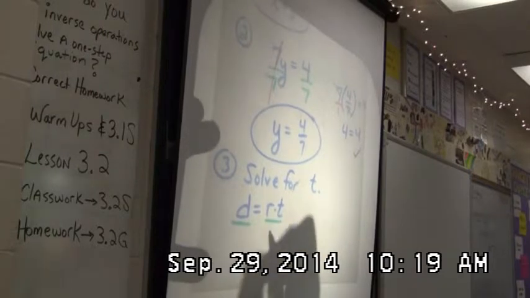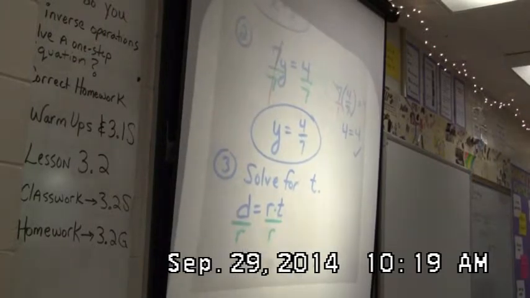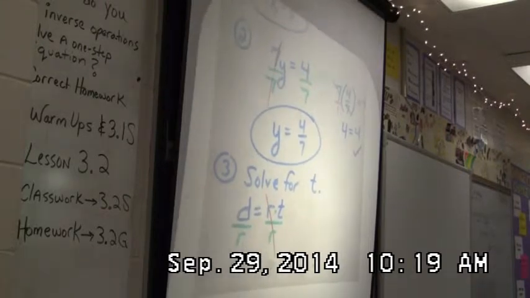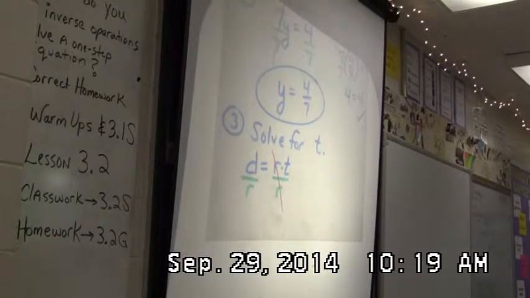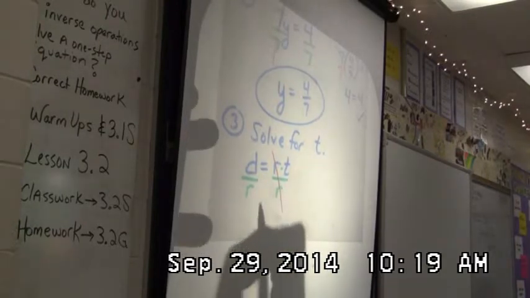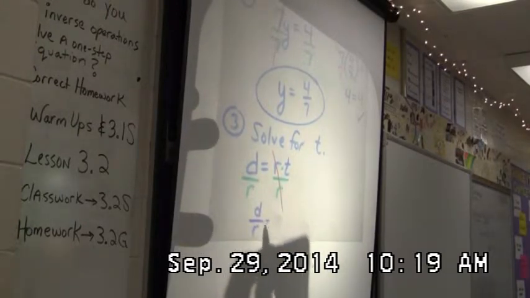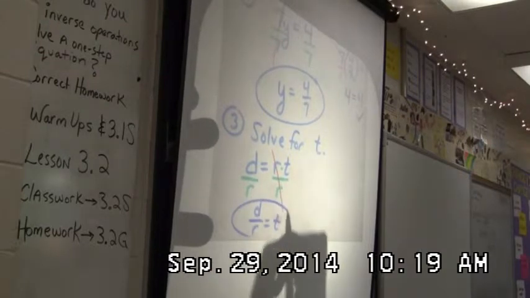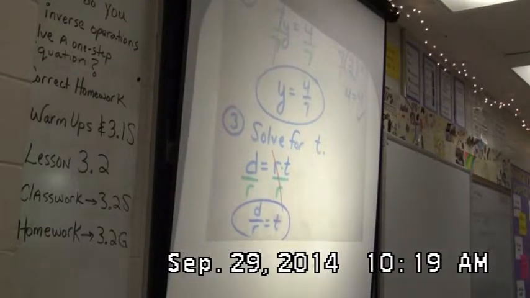Excellent. We're dividing by r, because it's the r that we want to cross out. R on the top and r on the bottom cross out. And we are left with d over r equals t. All right, we got our t by itself.